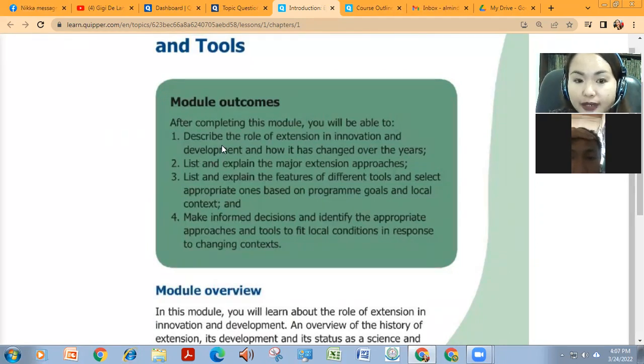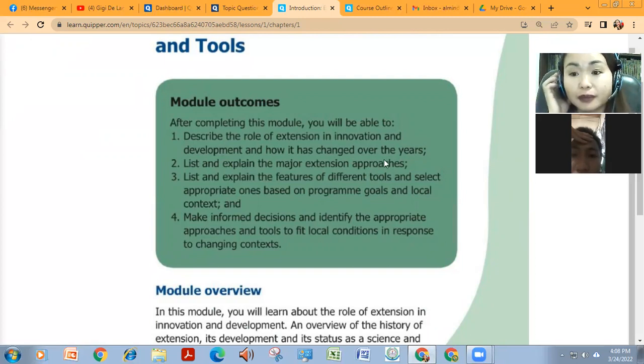We all know, even in the board exam, agriculture extension is part of the topics examined to become a professional agriculturist. And also part of our course in the BSA, BAT program. And then we will list down and explain major extension approaches.